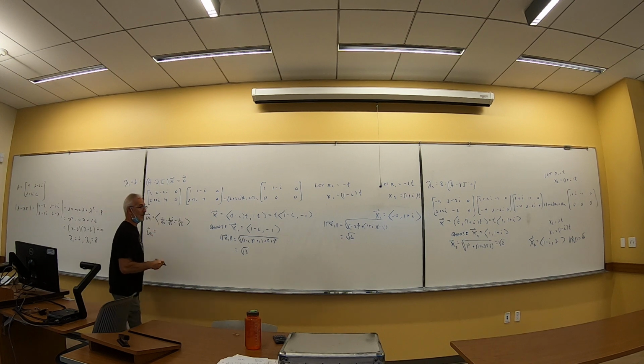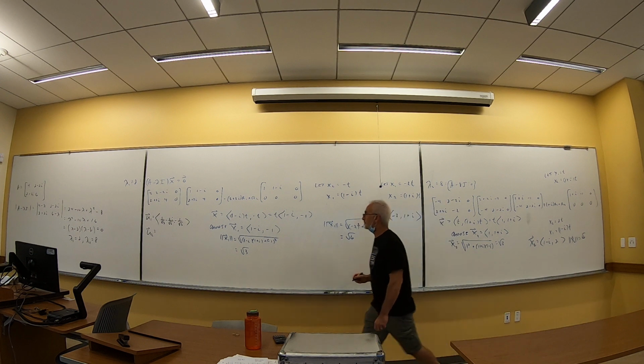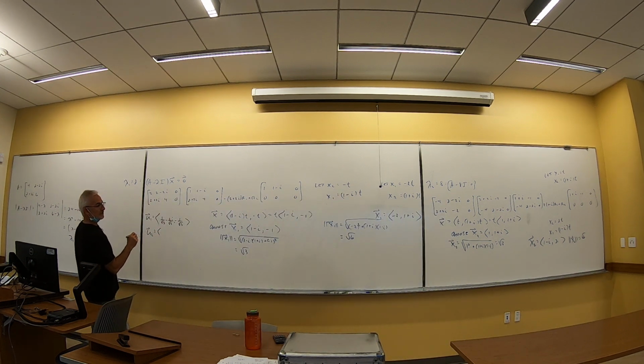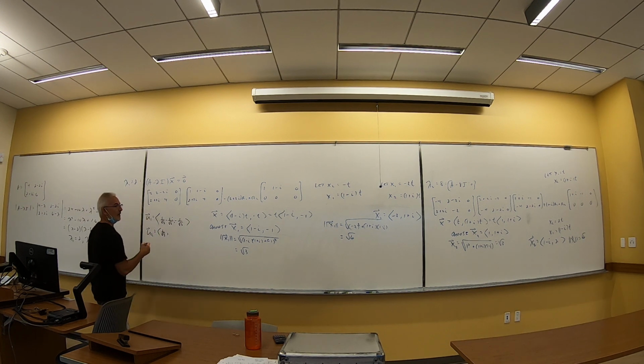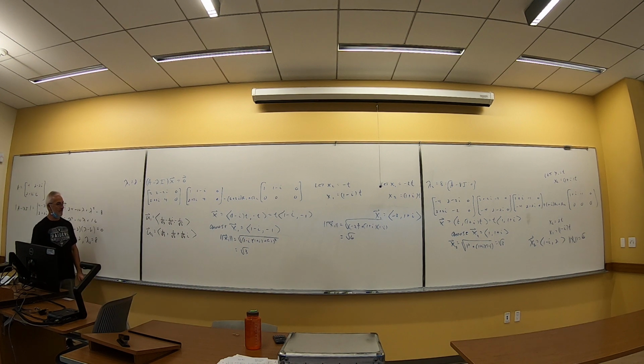Well, if you decide you want to stick with the root 3s, then you definitely want this one. So 1 over root 3, and then okay. You with me on that?